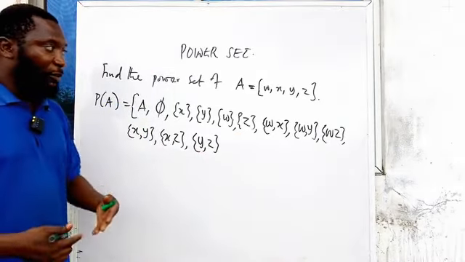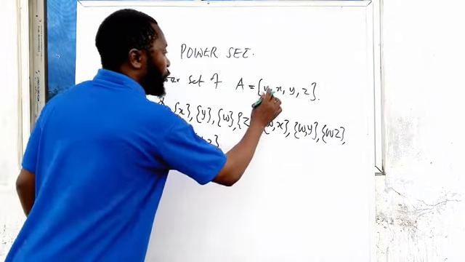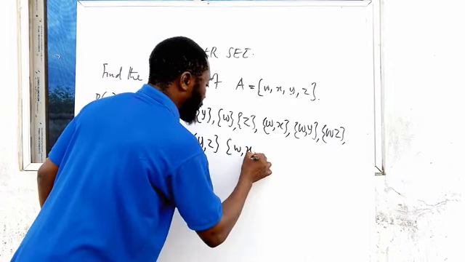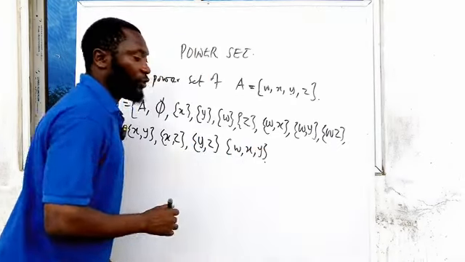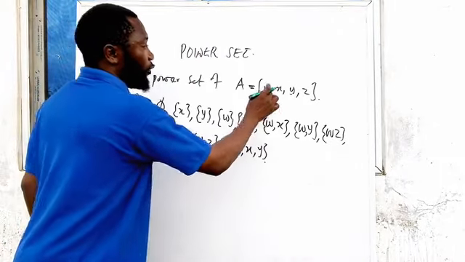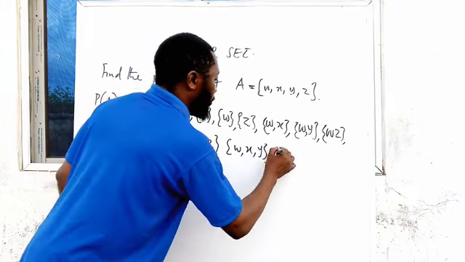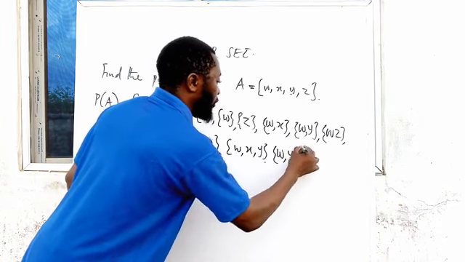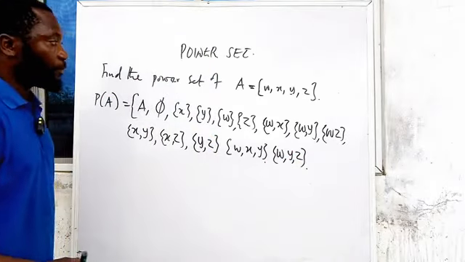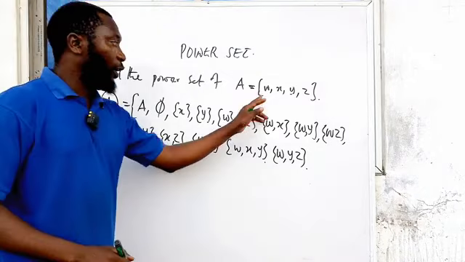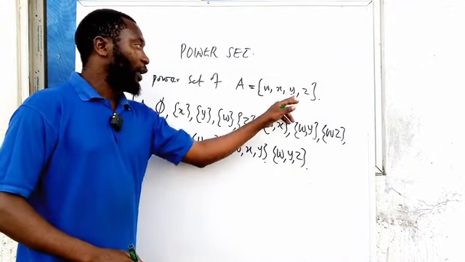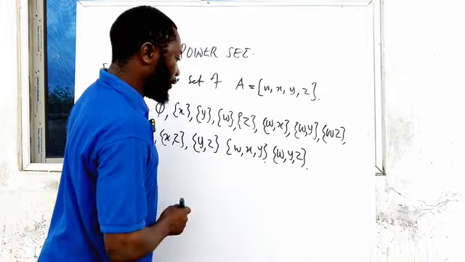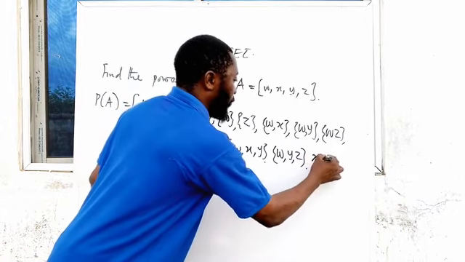Now, let's increase the number to 3. So, we have WXY. WXY is also a subset. Let's take WYZ. WYZ is also a subset. Then let's also take XYZ, or is it there before? XYZ.